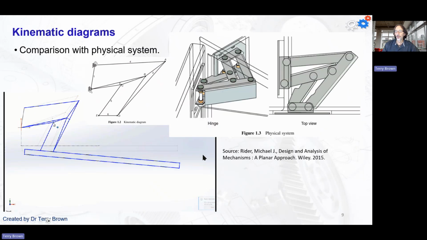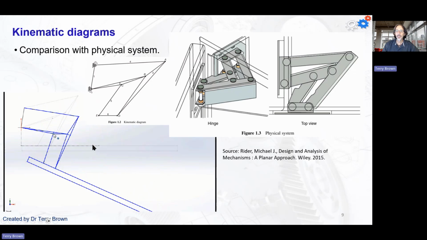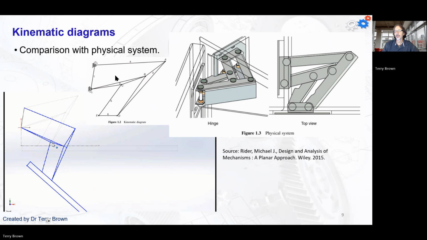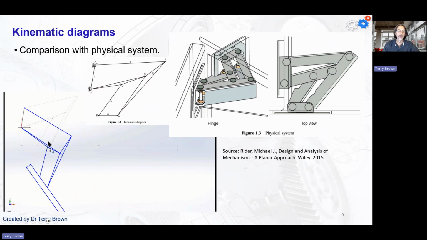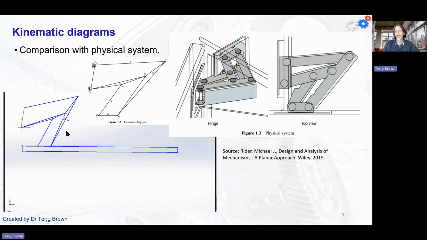You can see here I've created a SolidWorks model just in Sketch. When I create my kinematic diagrams, typically I'll do it in SolidWorks, so that I can move things around and see how the mechanism moves.